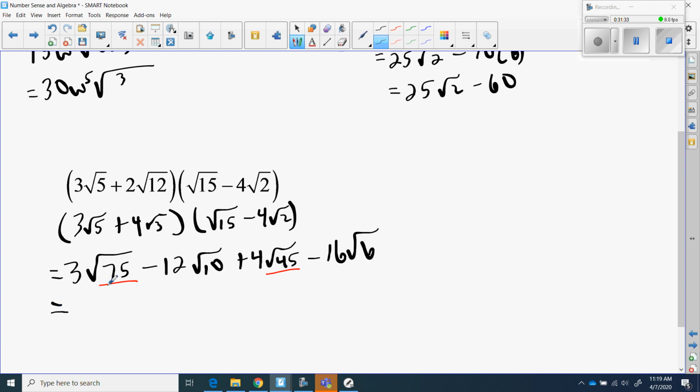Okay, so 75 is 25 times 3. The square root of 25 is 5. Multiplied by the 3 that's already out there, you're going to get 15 radical 5. Radical 10 does not reduce, just stays the way it is. 45 is 9 times 5. The square root of 9 is 3. Multiply that by the 4 that's out there, you're going to get 12 radical 5.